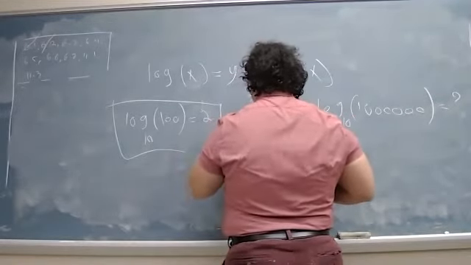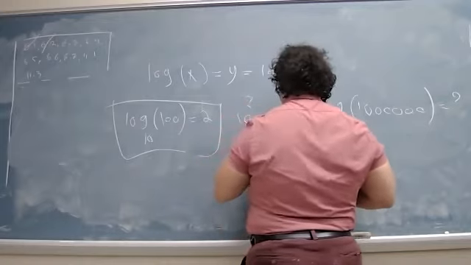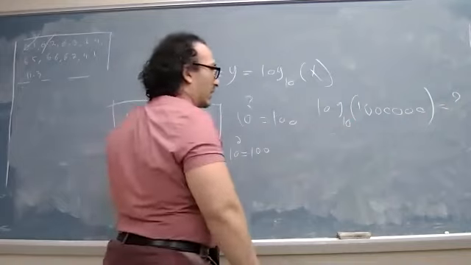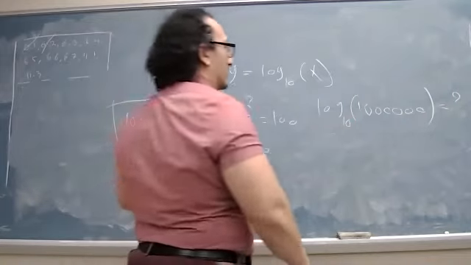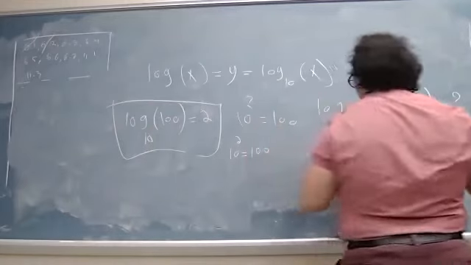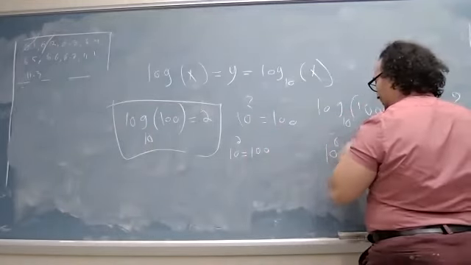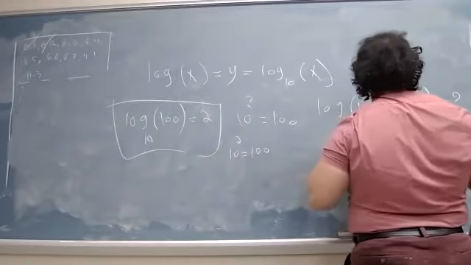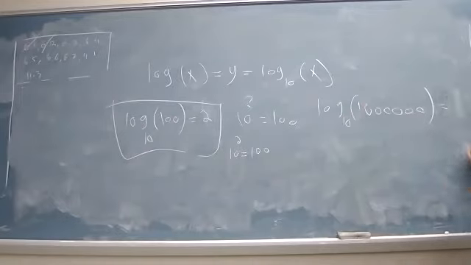So 10 squared, we get 100. That 2 added, you get 2 zeros. So notice that we got 1, 2, 3, 4, 5, 6 zeros. So it's 10 to the 6. That implies log base 10 of a million is equal to 6.